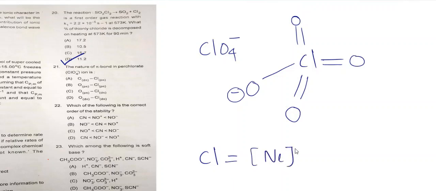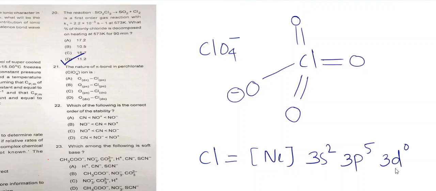How can you know which type of double bond it is? We know that double bonds are present in perchlorate. So what type of double bond: p pi p pi, or d pi p pi? You have to know the configuration first. So neon, then 3s2 3p5 is its outermost configuration, and it has vacant d orbitals.